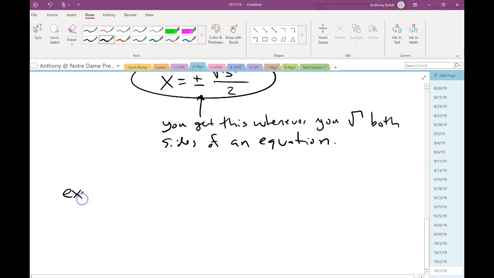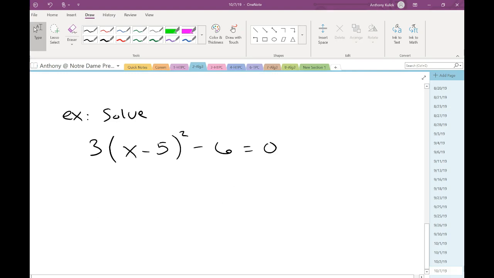What if we instead have something like this, where we've written it in this kind of vertex form? And I want to solve this for x.